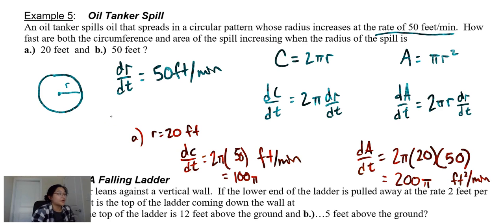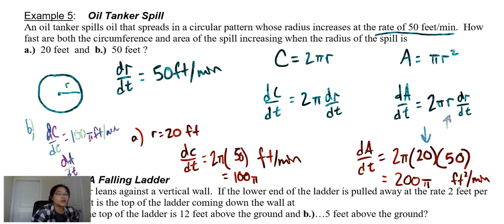Yeah, so I think for part B, you should get that dC/dt is going to give you the same thing, right? 100 pi feet per minute. And then dA/dt is going to be different because that one depends on r as well.